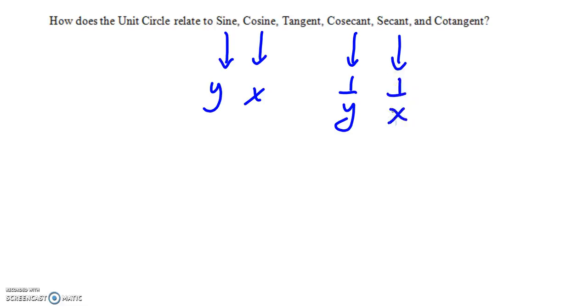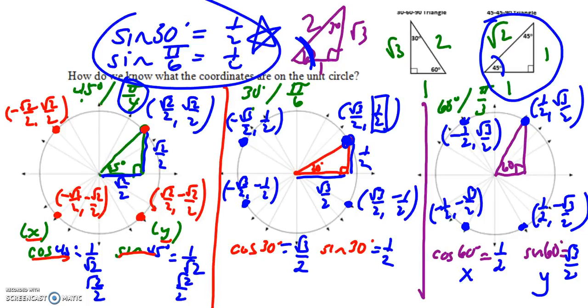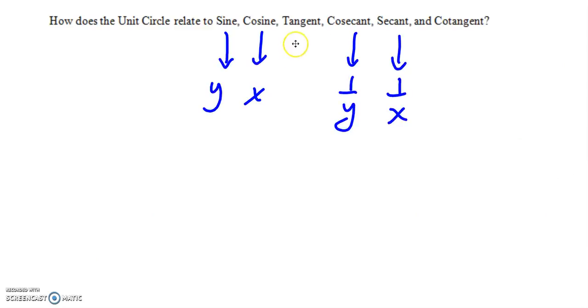If I go back for a second and think about tangent, if I looked at this middle triangle and I think about tangent as opposite over adjacent, opposite is really y and adjacent is really x. So tangent is really the comparison of y over x, which some of you may remember from before.